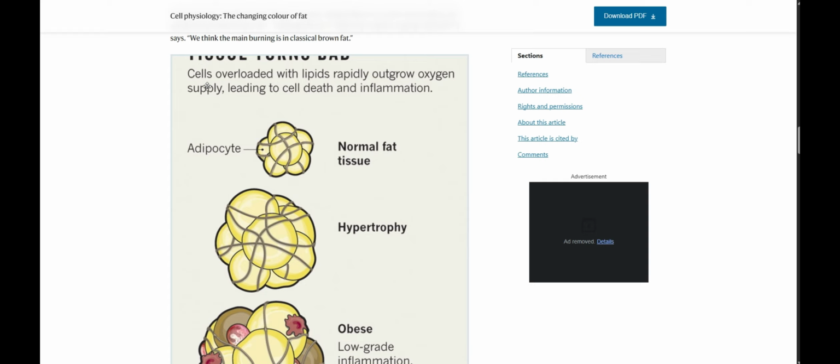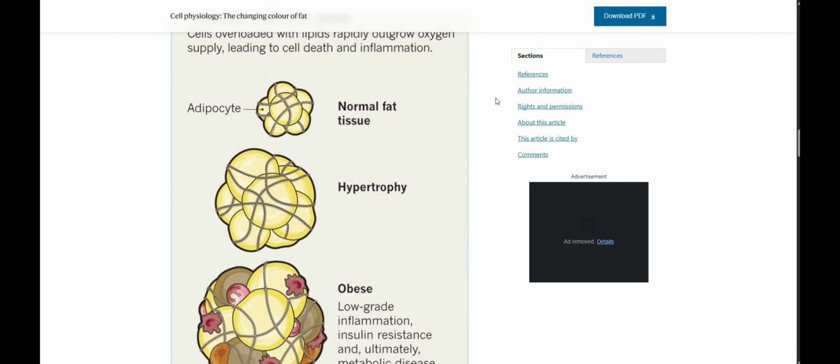So this figure says cells overloaded with lipids rapidly outgrow oxygen supply, leading to cell death and inflammation. So this goes back to the guy equating it to tumors. I don't think tumors work like that, but I could be wrong. He did say solid tumors, so maybe solid tumors are different.